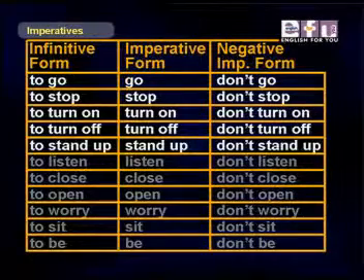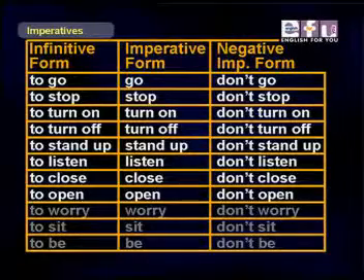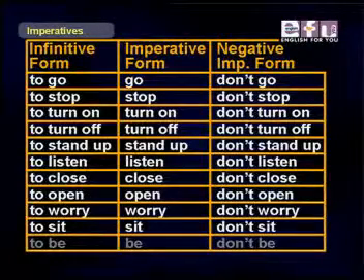To stand up becomes stand up or don't stand up. To listen is listen or don't listen. To close, don't close. To open, don't open. To worry, don't worry. To sit is sit or don't sit. To be becomes be or don't be.